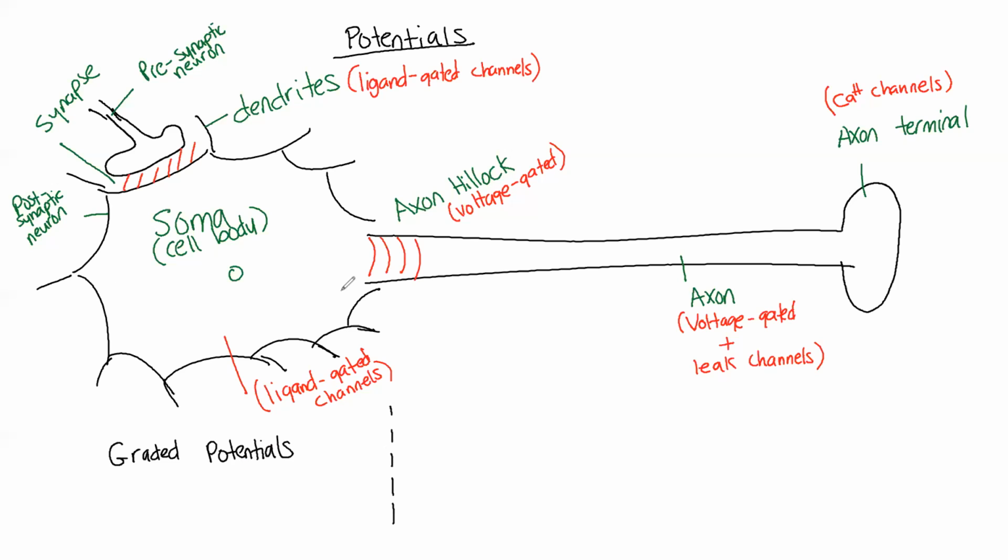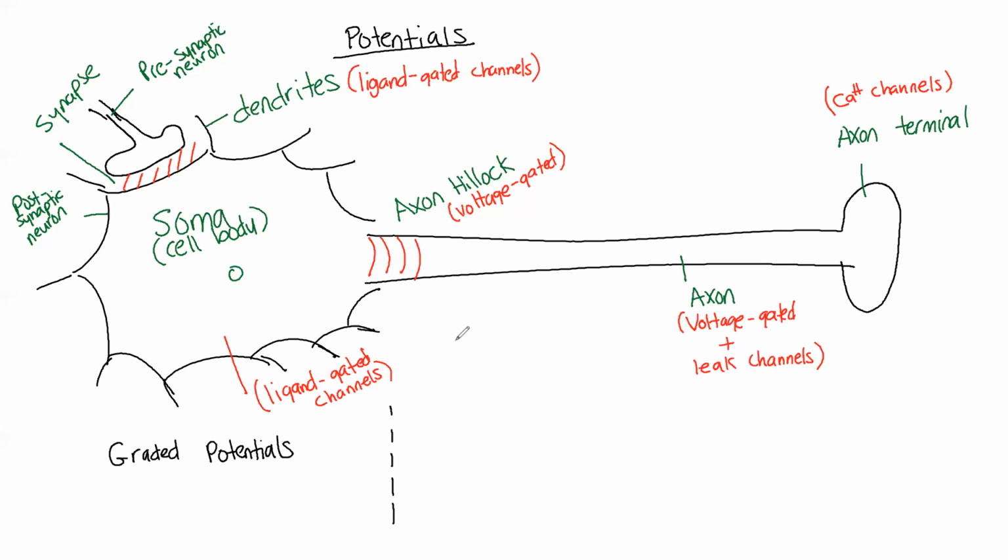Here we have various small, less impactful changes to the membrane potential that may or may not get to threshold. And so they're going to be small, not as sustained, and will determine or decide at the axon hillock whether or not those graded potentials, when we add them together, are meaningful enough to signal an action potential, then we will do so at the axon hillock.